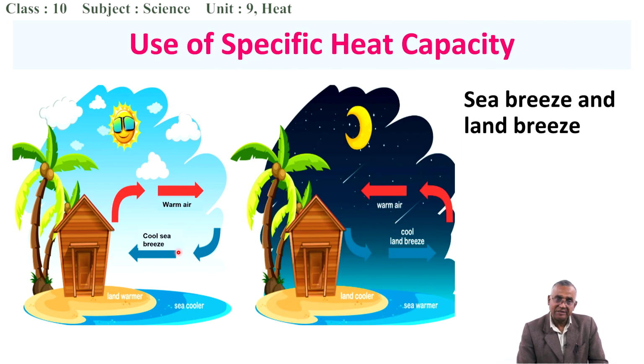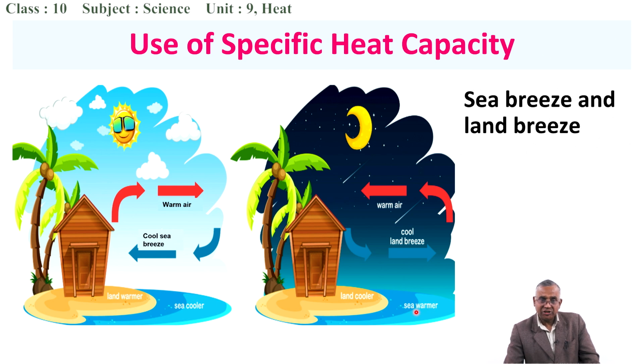And just opposite situation becomes at night. What happens at night? See here. At night, in the lack of sunlight, both lose their temperature, both become cooler and cooler. That substance which has less specific heat capacity gets colder earlier, that cools earlier. So here land becomes cooler and sea becomes what? Warmer.